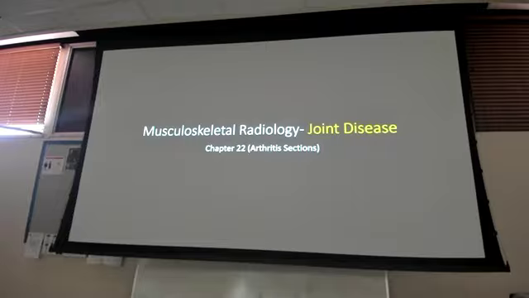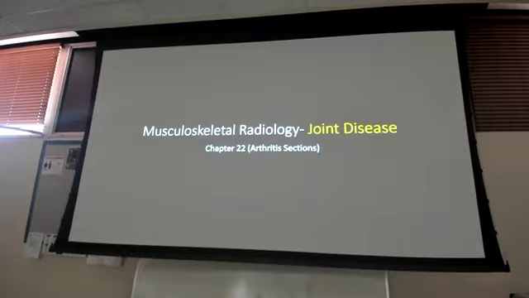So, joint disease, arthritises. You can use x-rays to help diagnose certain arthritises. When you are studying the arthritis section, pay attention to some of the abnormalities on the film, but also pay attention to everything else: your patient population, your history of injury, your history of pain.